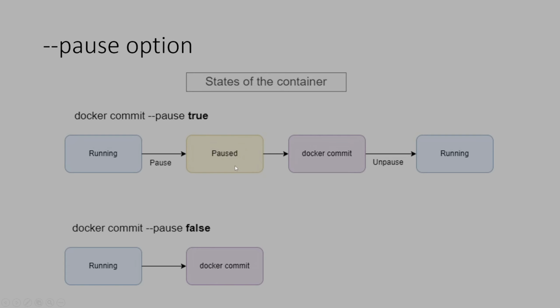This pause will make sure that all the processes are stopped before the Docker commit is run. This will ensure data integrity and prevent any data corruption. If this behavior is not required, then we can set the pause option as false, where the running container is directly committed using Docker commit without any pause.